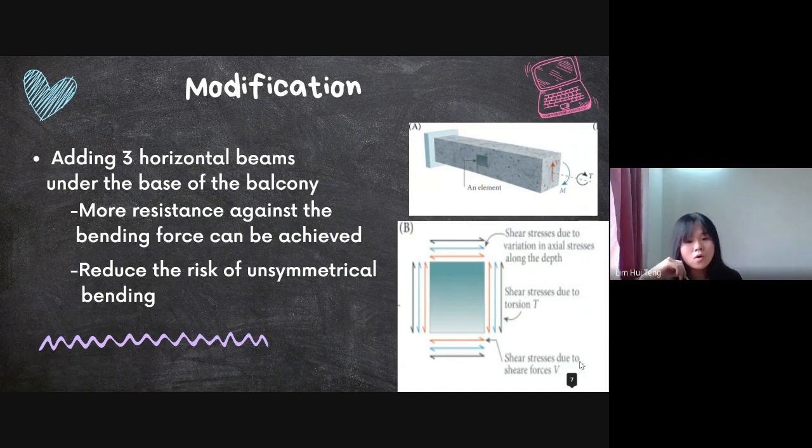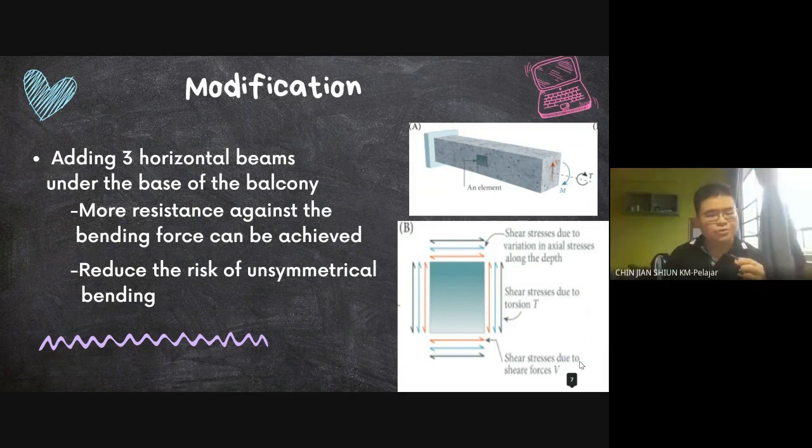Because, as we know, a larger moment of inertia will lead to a greater resistance to bending. So, when the cross sectional area of the balcony increases, it will effectively increase the moment of inertia, which allows the balcony to better withstand greater bending force and reduce the risk of unsymmetrical bending. So, what do you guys think?